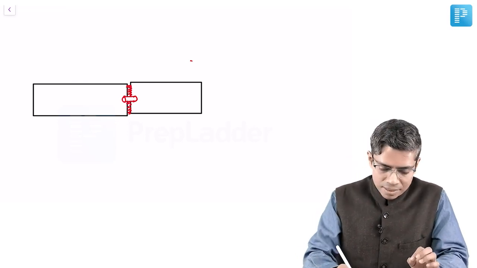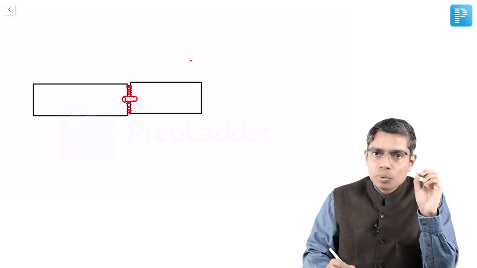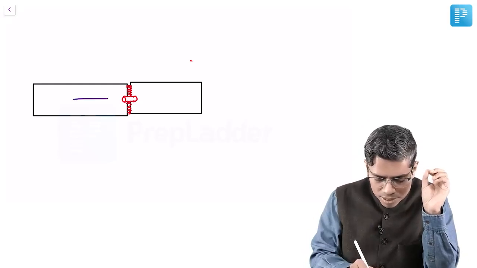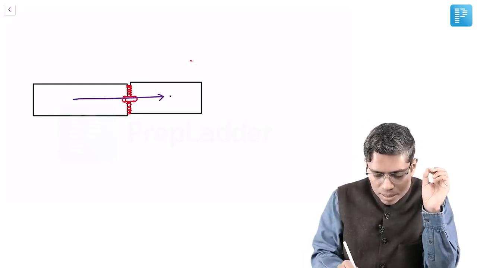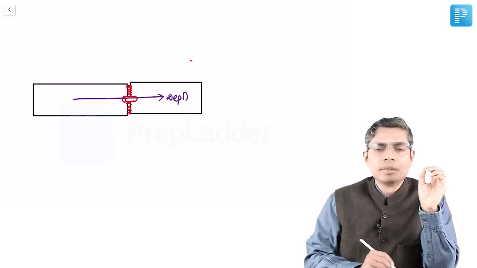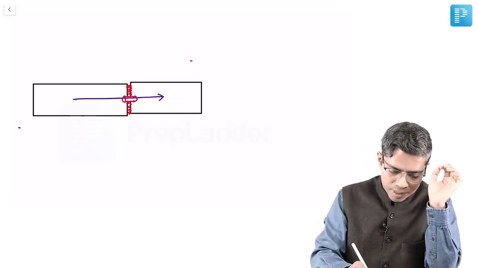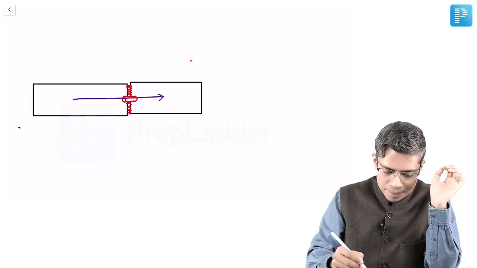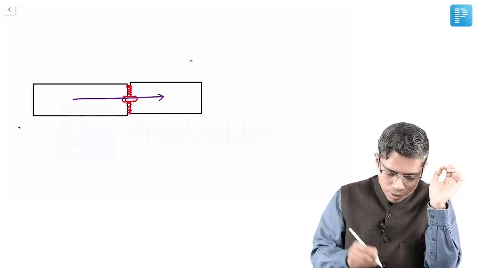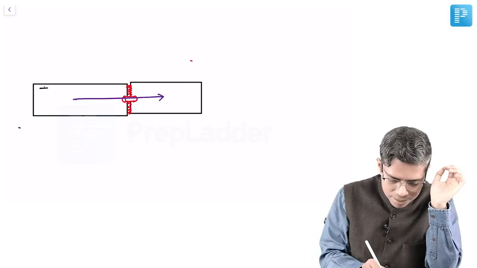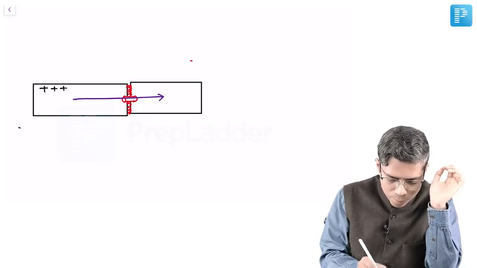Now imagine that a depolarization wave is moving from one cell to the other cell. Suppose this cell is already depolarized, meaning the interior is positive and the outside is negative.